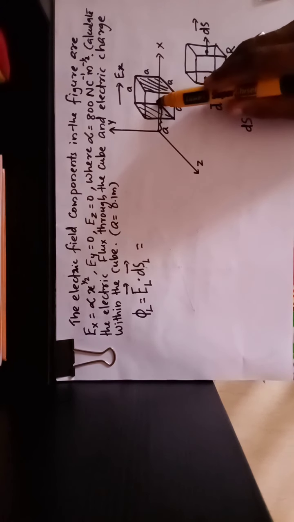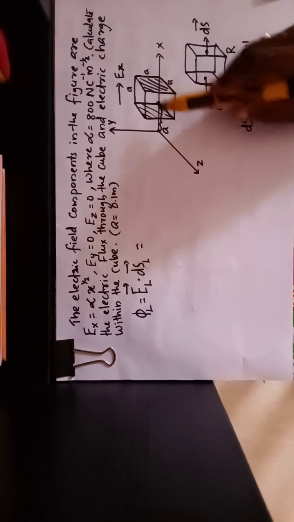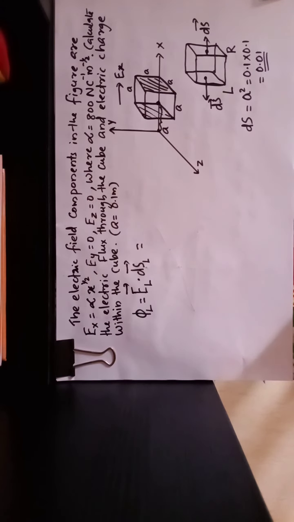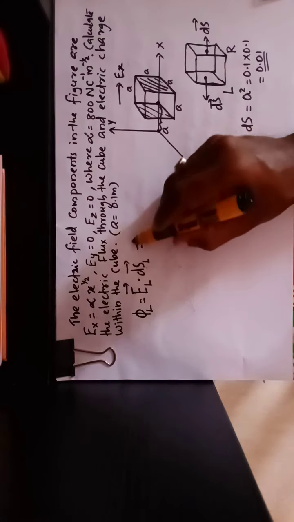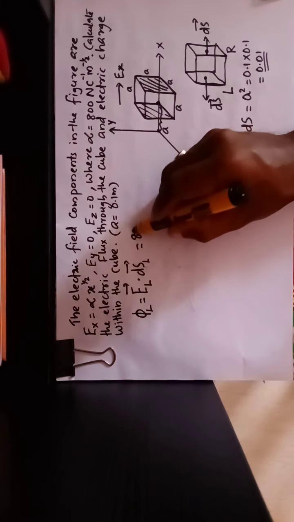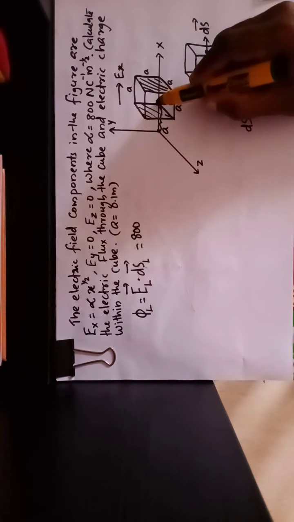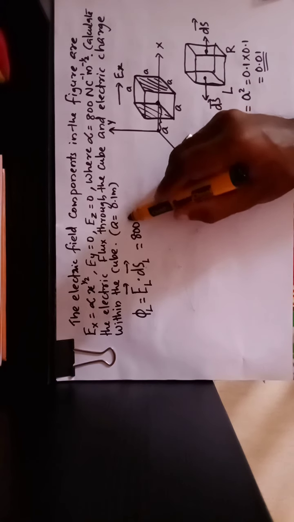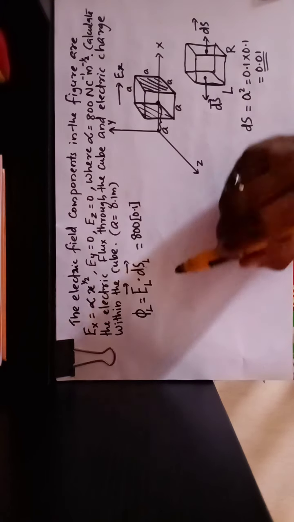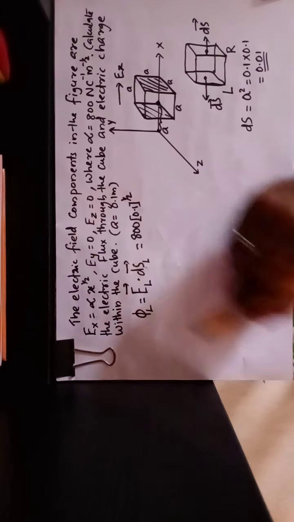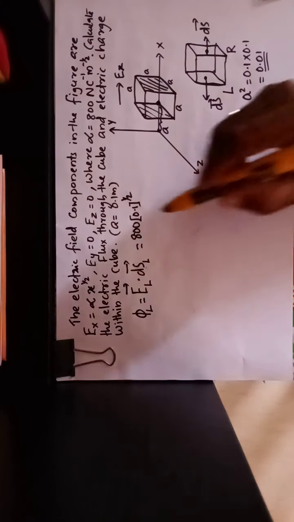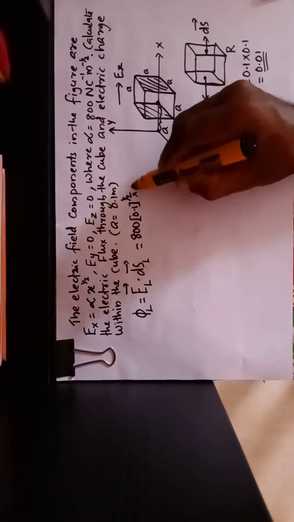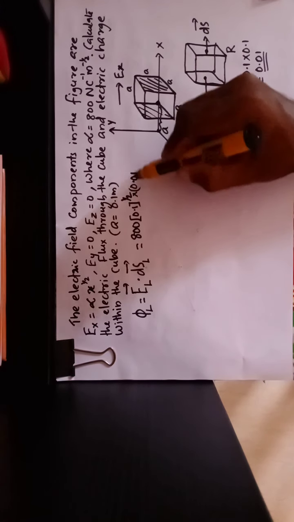From the origin it is at a distance A, so at the position x we put a, which is 0.1. Alpha is a constant, 800. So I write 800 into 0.1 raised to 1 by 2. This is EL. Now ds has a value of 0.01, so into 0.01.